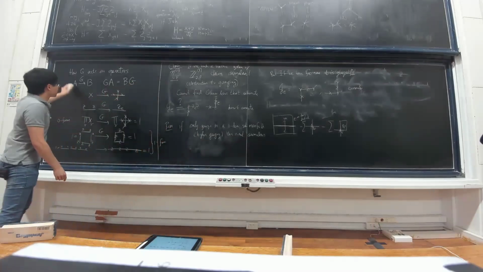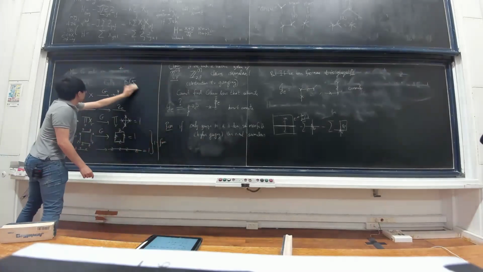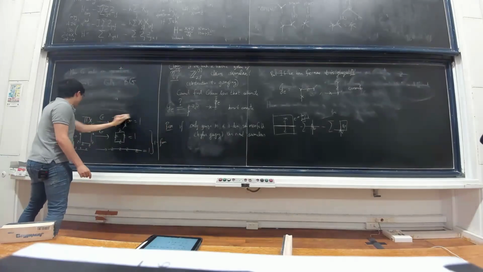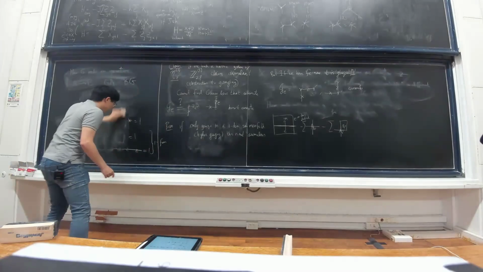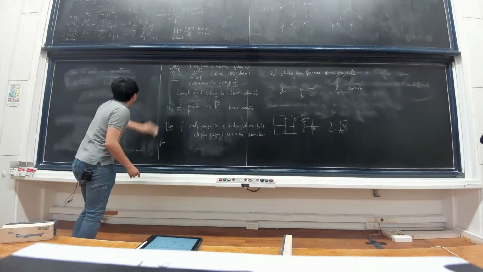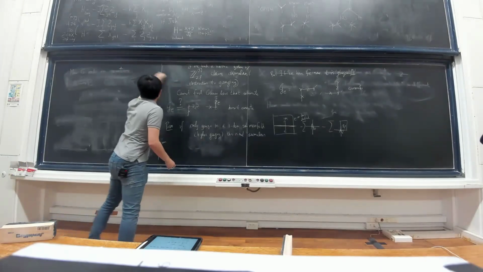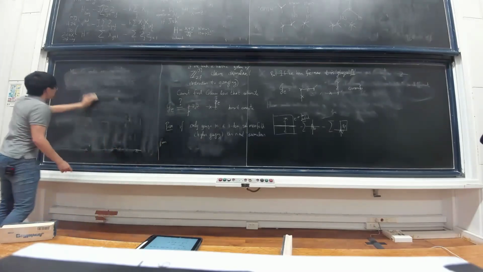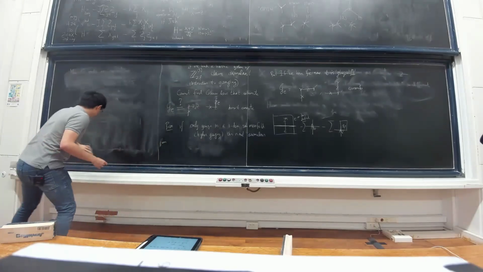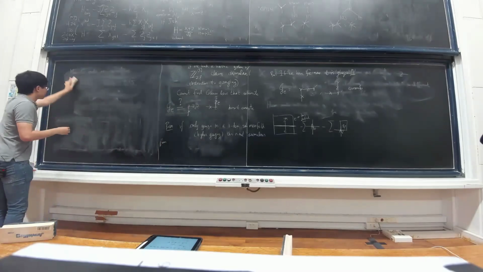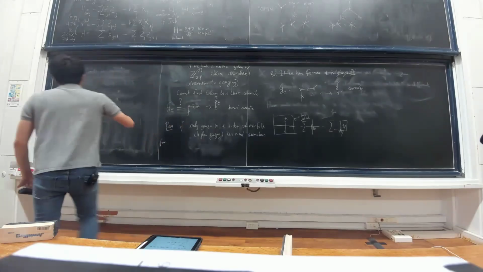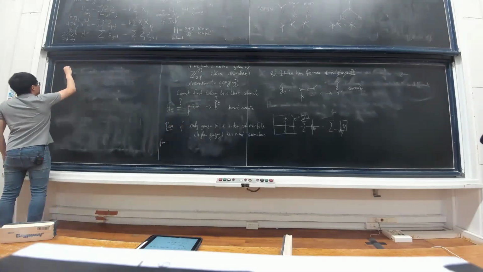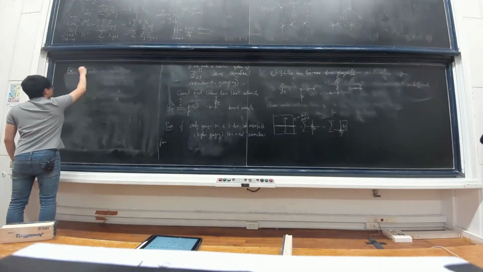So I want to write down first the gauging map using these operators. So recall that in 1D, what you do is, let me do one more thing first. Let me do an example of a unitary.